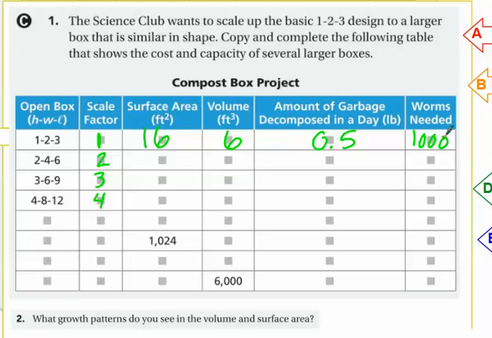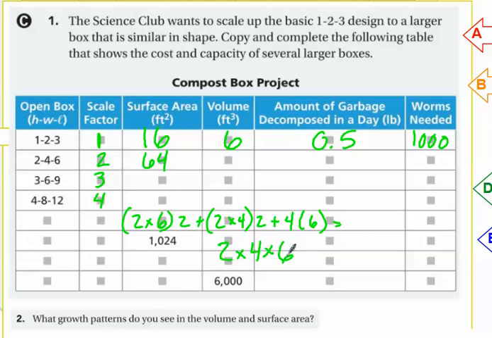And so I'm going to find out that for the 2, 4, 6 box, it would be 2 times 6 times 2 plus 2 times 4 times 2 plus 4 times 6. And that gives me a surface area of 64 feet squared. For volume, I'm going to go 2 times 4 times 6. 2 times 4 is 8. 8 times 6 is 48.